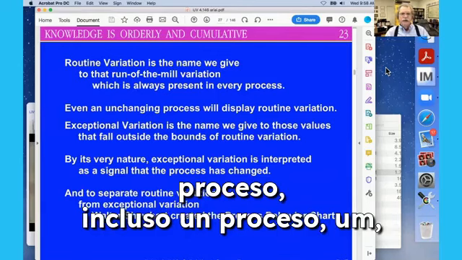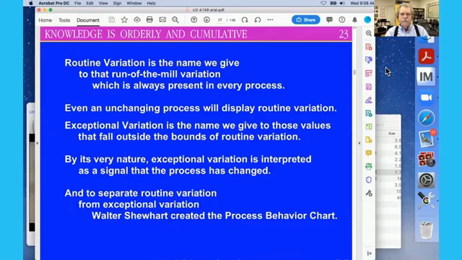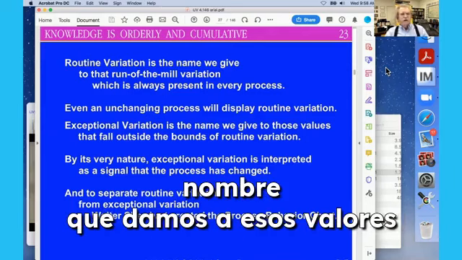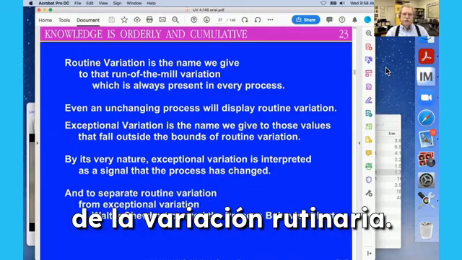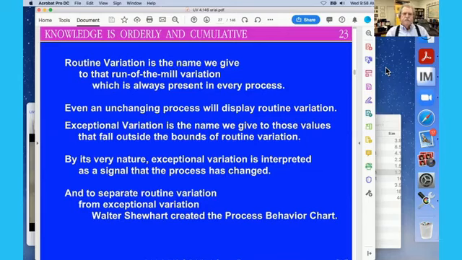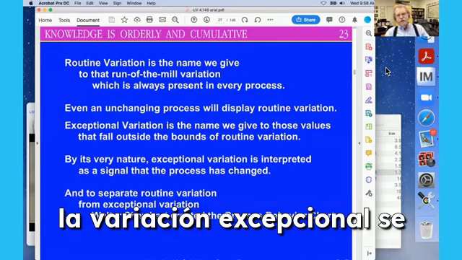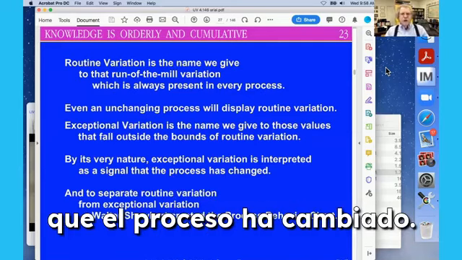Even an unchanging process will display routine variation. Exceptional variation is the name we give to those values that fall outside the bounds of routine variation. By its very nature, exceptional variation is interpreted as a signal that the process has changed.